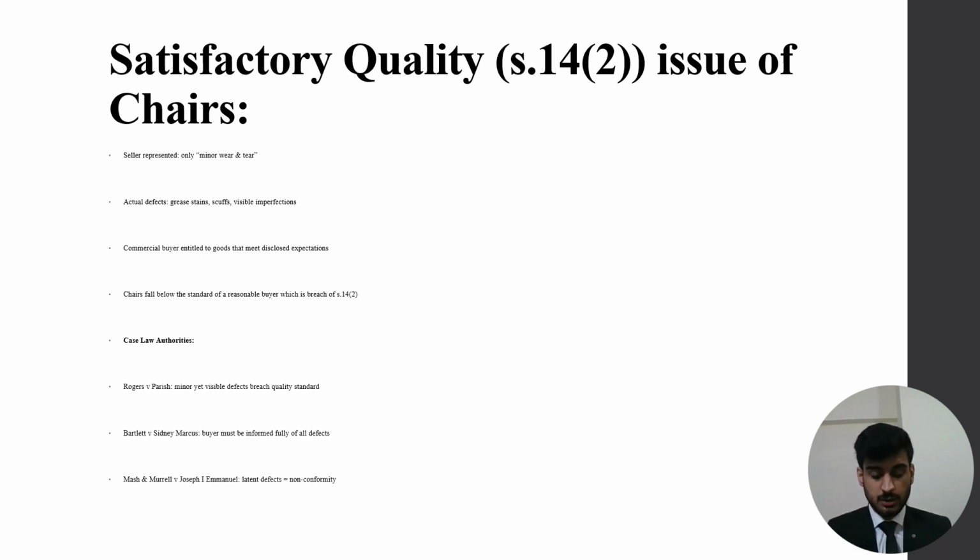According to the court's ruling in Rogers versus Parish, a buyer's reasonable expectations might be undermined by even seemingly little flaws, making the products inadequate. The case of Bartlett versus Sidney Marcus Limited upholds the principle that seller responsibility is triggered when flaws are not disclosed. The issues with the quality are clear, significant, and cannot be addressed.